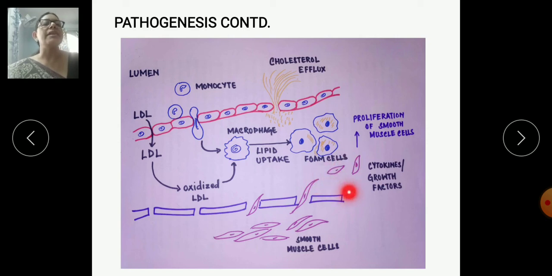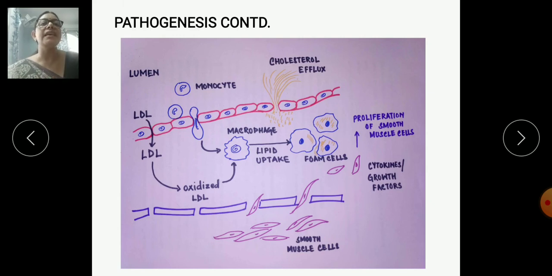And the growth factors are activated, cytokines get activated, more smooth muscles are formed. So there will be thickness in the blood vessel. This thickness narrows the lumen. If you remember, the artery structure is already a narrow one. Now more deposition is making it narrower. So blood supply is reduced.